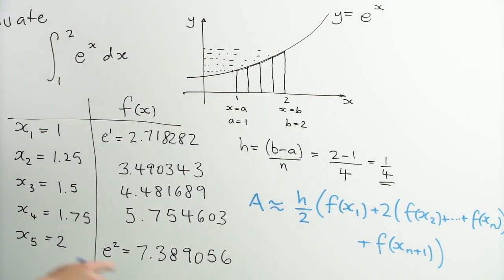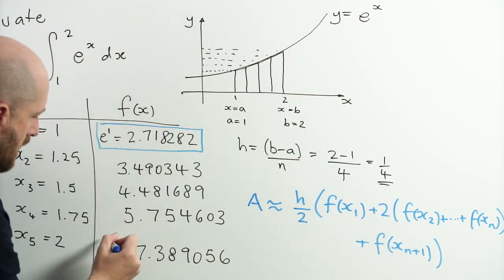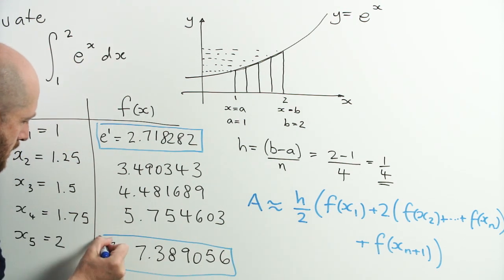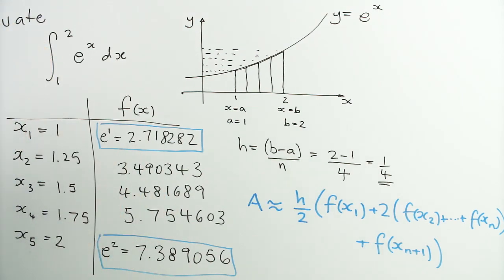So here, my end points are this value and this value, and the rest are going to be doubled. So I need to do the sum of these and then double it.